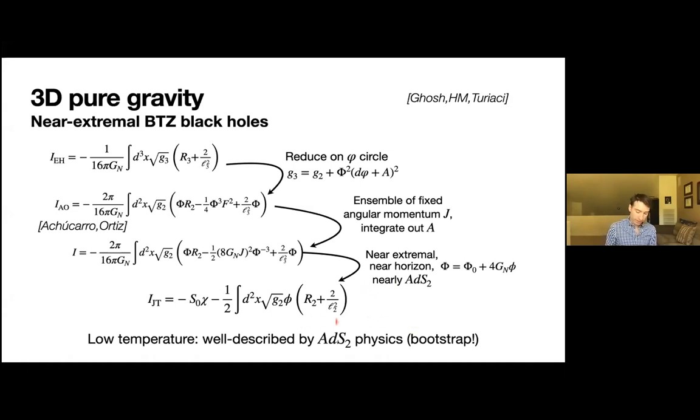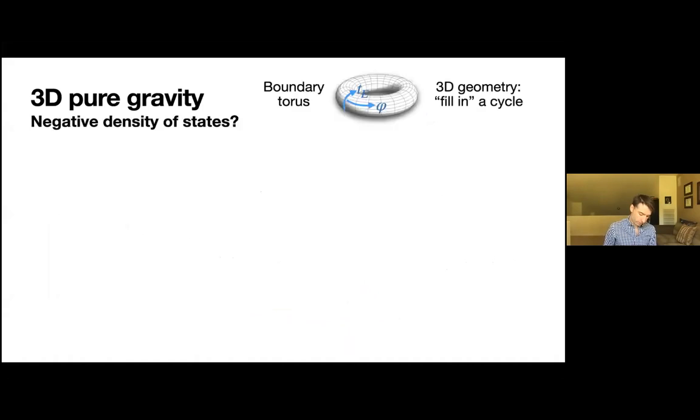And you can show that the physics of this 2-dimensional theory is really capturing something universal in any CFT2. This was described in a paper with Ahmadi Ghosh a few months ago. Okay, so we're led to study this from a 2-dimensional point of view.